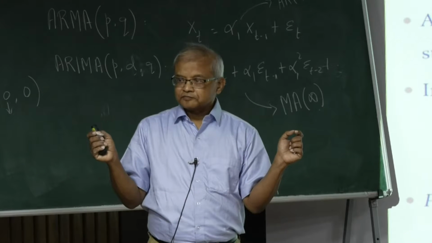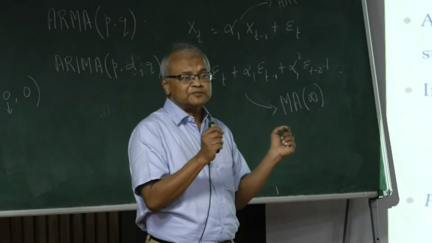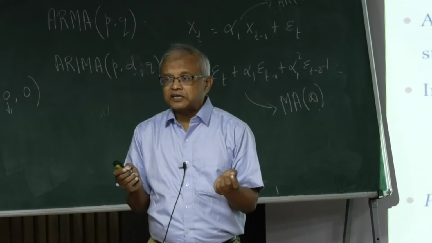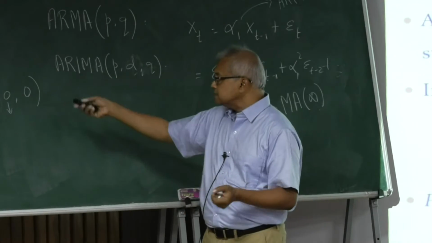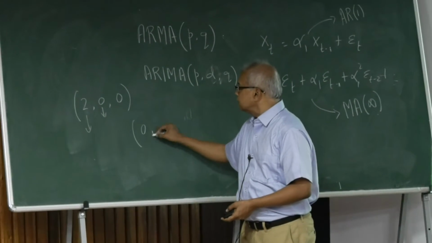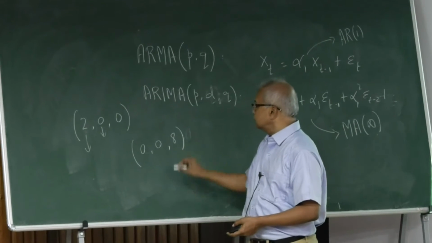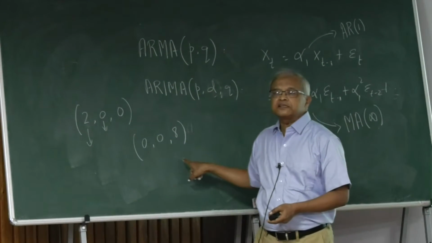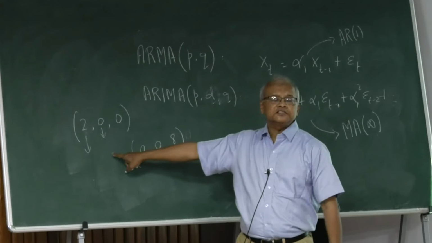Okay? Do you get this point clear? At times this becomes a little bit more confusing. Okay, why should I take this? Maybe I can get an alternative for this as 0, 0, 8. Why don't I take this? This too gives me the same results. Which one would I prefer? This one.